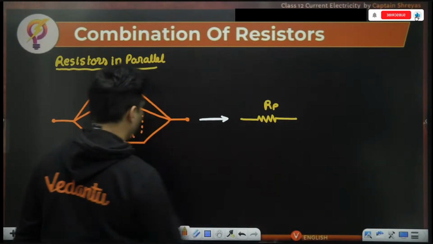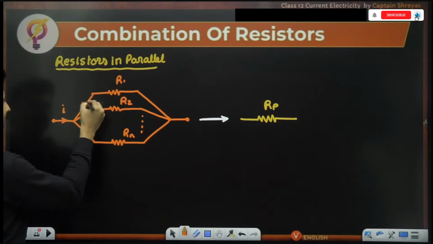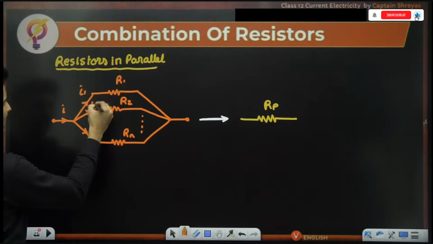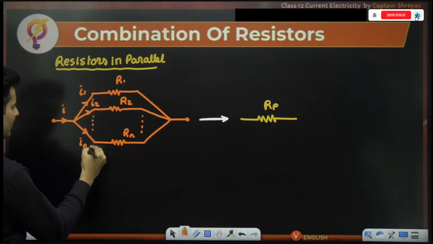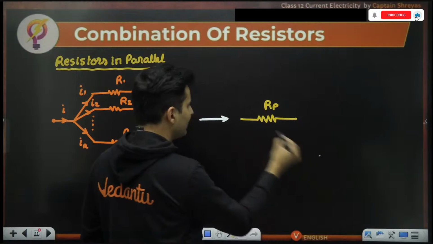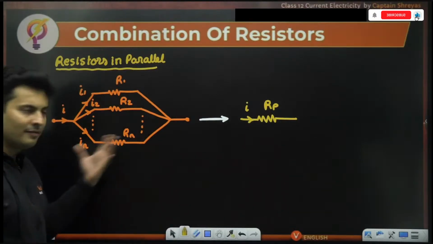And notice one important thing, whatever current comes inside, it will definitely get distributed like this. So this will be I1, let's say this is I2, let's say this is In. So that current is getting distributed, but if you replace it with one single resistor, then the same current will flow over here. Fair enough?